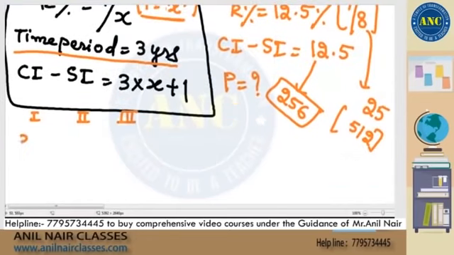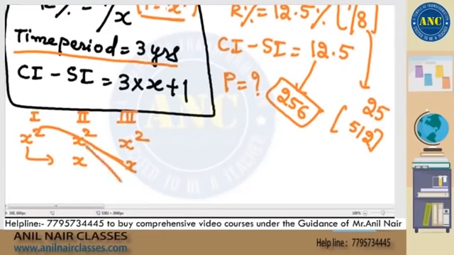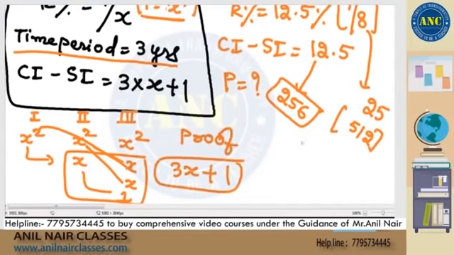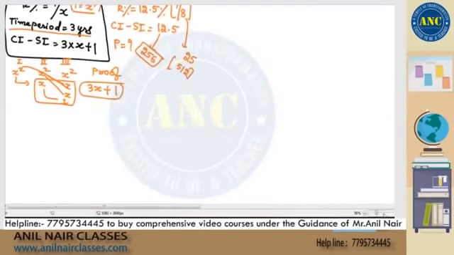First year it will be x square, here also x square, here also x square. 1 by x of x square is x. For this x, 1 by x of x is 1. What is the conclusion? 3x plus 1. I hope the proof is also clear. Directly you will get the answer.